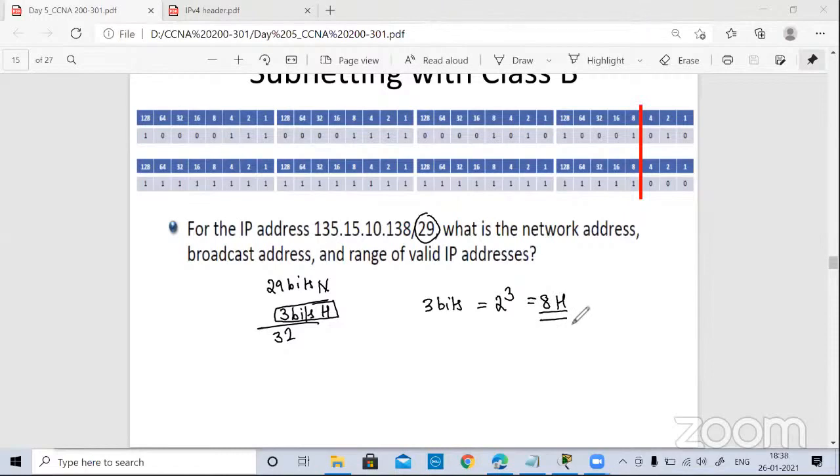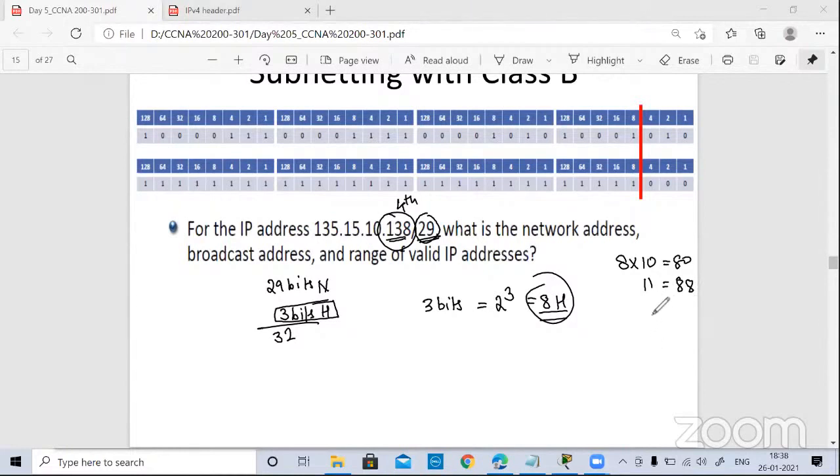So for my network address, I have to look at the 4th octet, because 29 is greater than 24. The network address in the 4th octet should be a multiple of 8. Can you just think about it, a multiple of 8? So what should it be? 138 is given, so we have to be close enough. 8 into 10 will give you 80, 11 will give you 88.